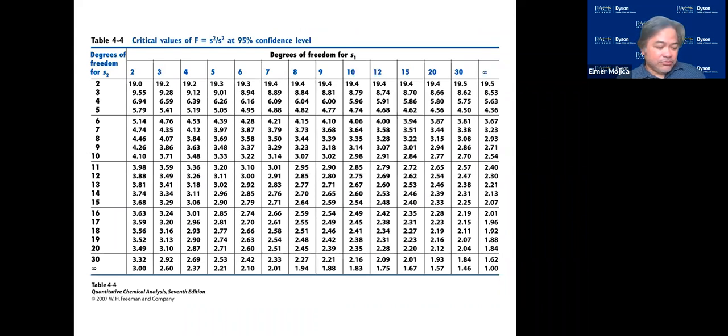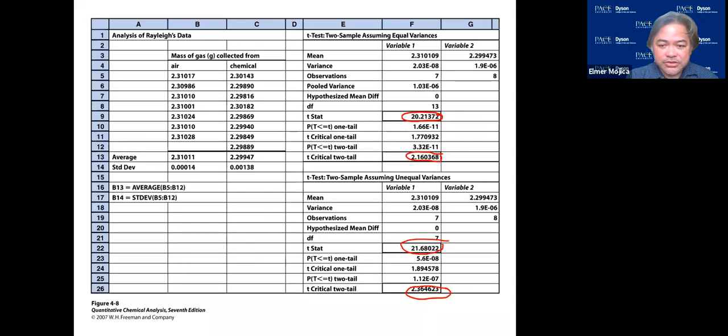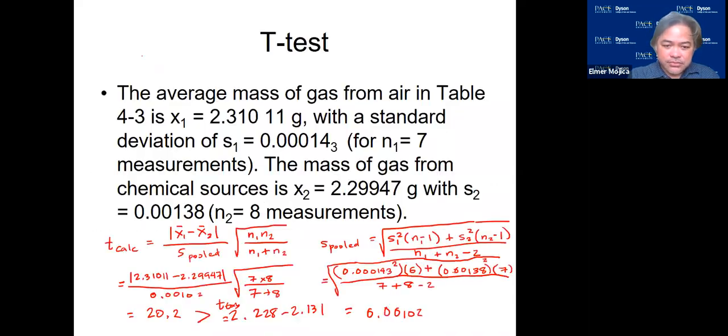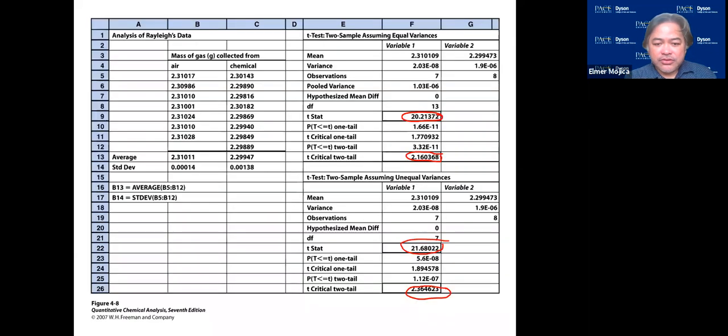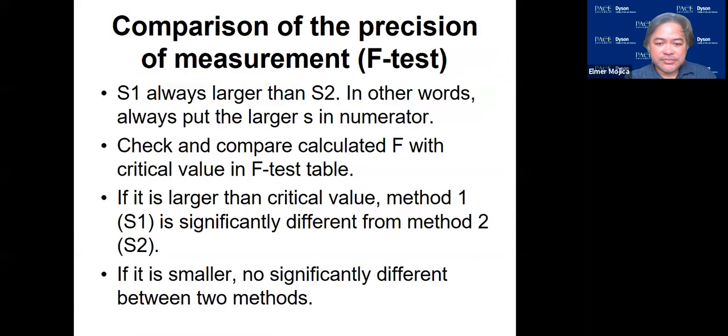And what I want to do here is we're going to use the same set of data that we have in the previous problem. So we're going to use this value that we have here, 0.00138 and 0.00143. Okay, so how will I solve that? So I would just write here F calc.